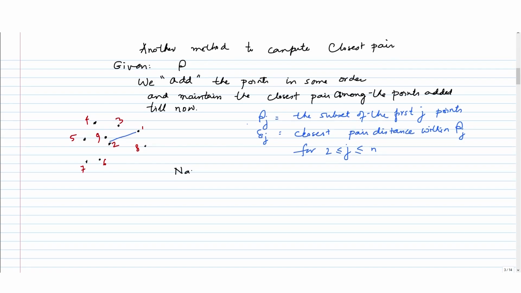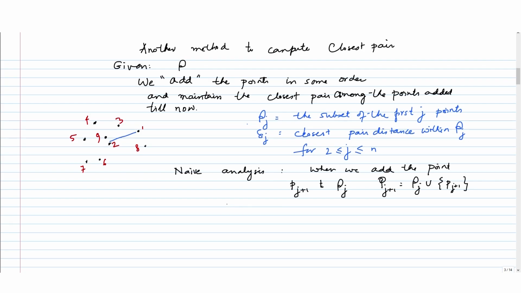A naive analysis would be that when we add the point Pj plus 1 to Pj, such that Pj plus 1 is nothing but Pj union the latest point that you have added, we can check all the distances from Pj plus 1 with Q, where Q belongs to Pj.